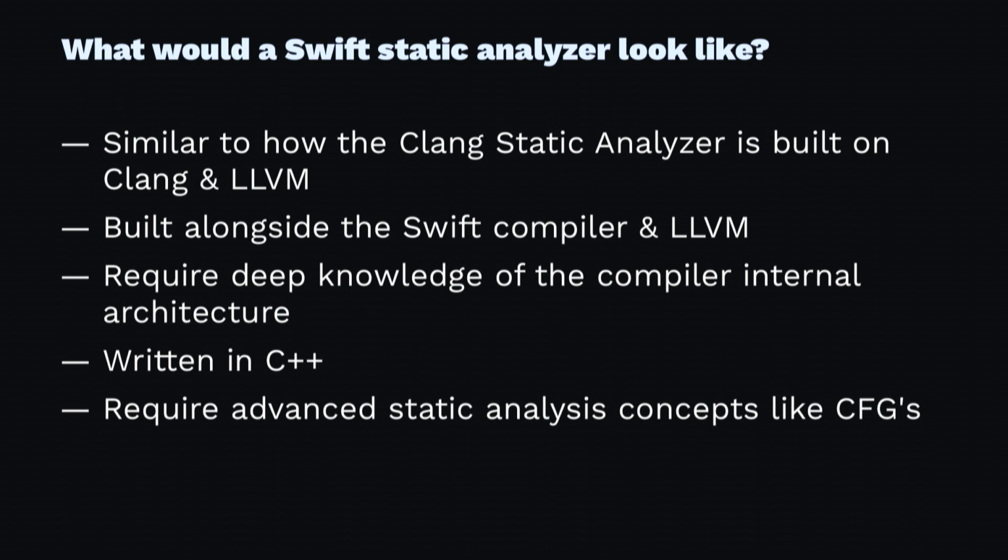But you'd really need deep understanding of how the Swift compiler works, how the LLVM subcomponent works as well, which is a massive undertaking. All of this is written in C++, and so you'd need some familiarity with C++ to do this right. And not only that, but you'd need to be really familiar with real static analysis concepts. Again, I mentioned control flow graphs earlier.